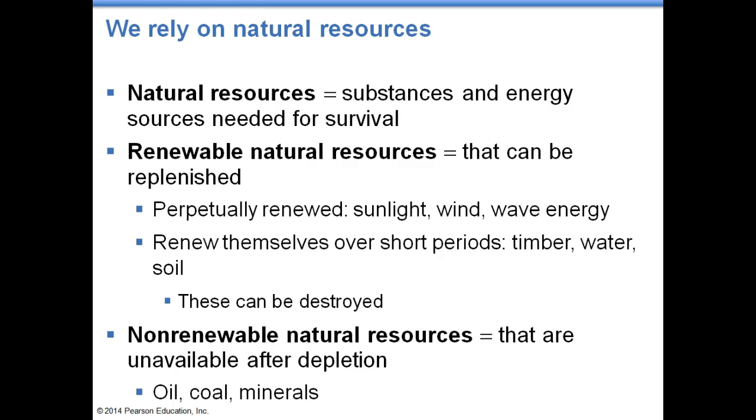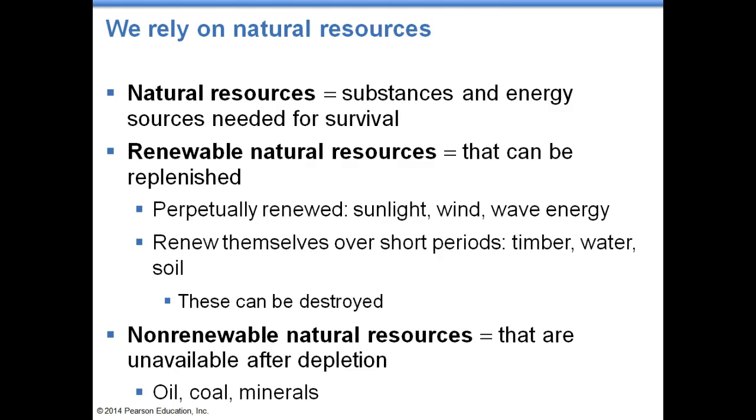And we've got to consider the renewable resources, the ones that can be replenished, that we can perpetually renew, like the sunlight and the wind and the wave energy. And we've got to look at harnessing the energy from them and getting away from our dependencies on those fossil fuels, those non-renewable resources. We do have different levels of renewable resources, some that can be renewed over short periods of time, like our trees. You can cut down a tree.